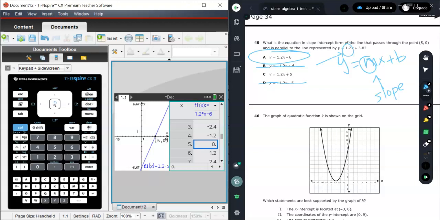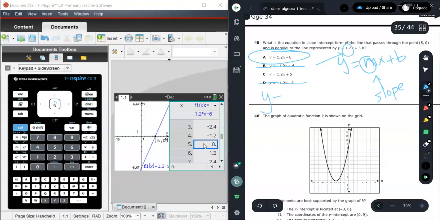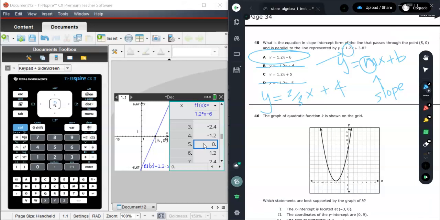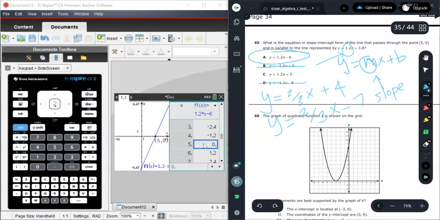A lot of times you're given parallel and perpendicular and asked to find equations, and this is how you can use the graph. Just remember, parallel lines have the same slope, identical. Perpendicular lines have opposite reciprocal slopes. So just to give you one more example, if I give you a line y equals 2/3 x plus 4, any line that has a slope of 2/3 is going to be parallel.